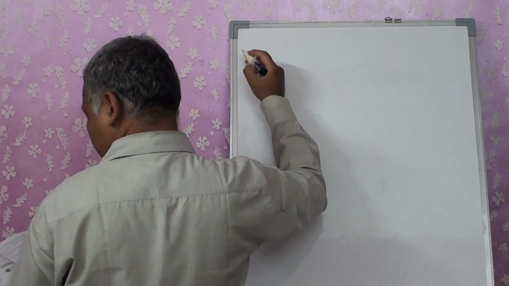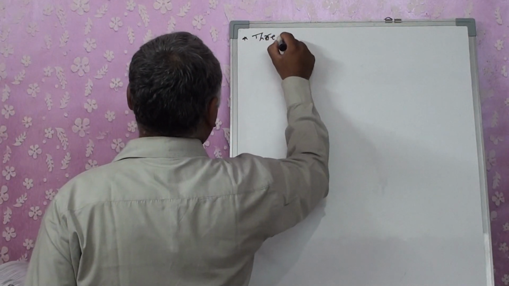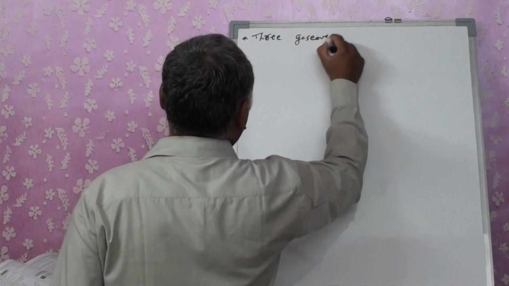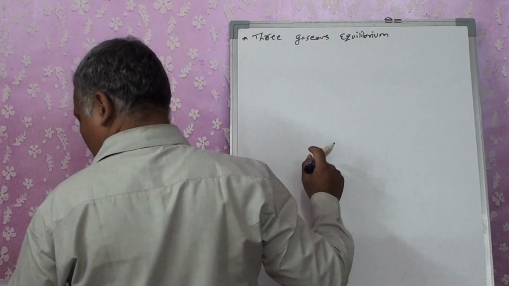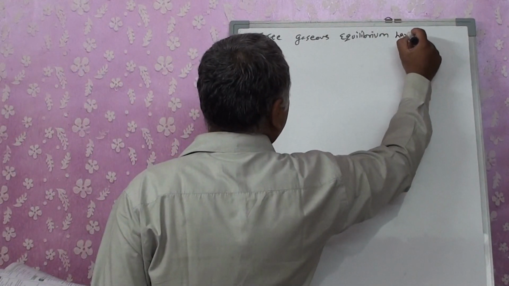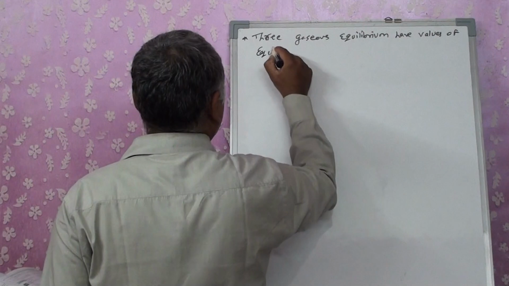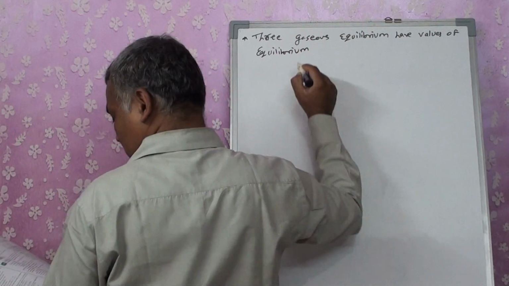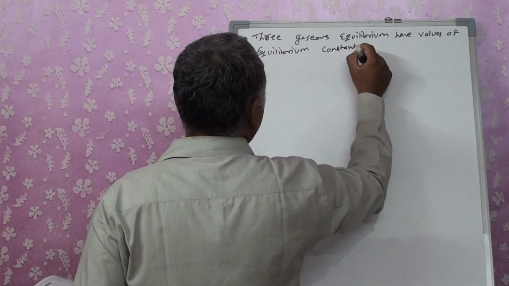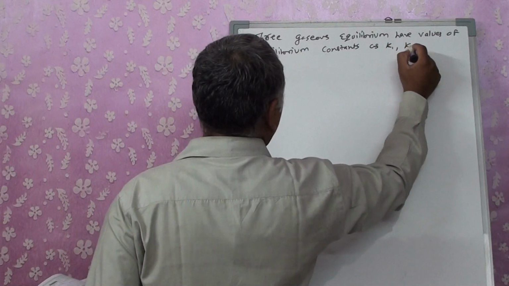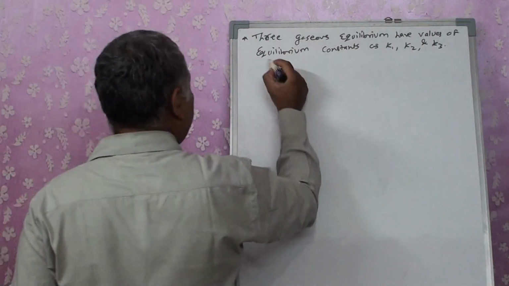Three gaseous equilibria have values of equilibrium constants K1, K2 and K3 for the reactions respectively.